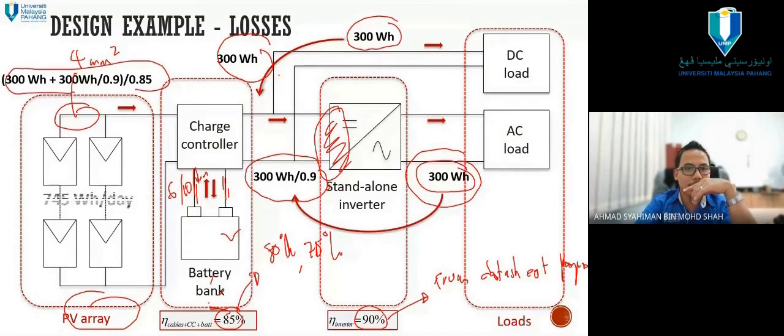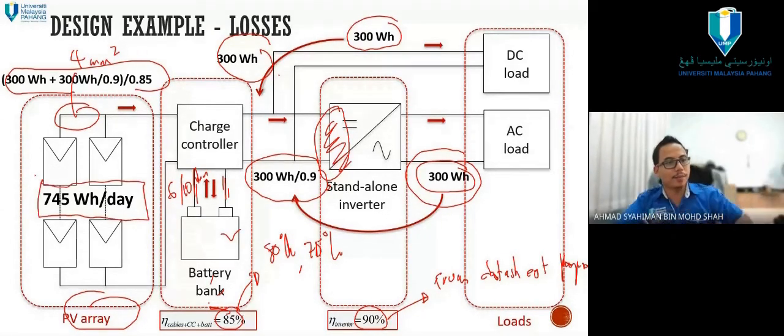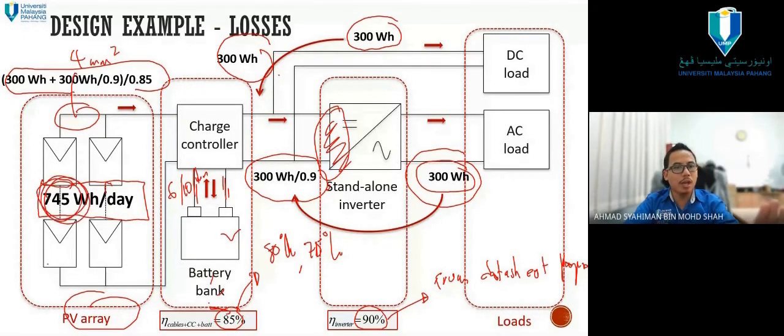After we calculate, we get 745 watt hour per day, since we agreed earlier on the load for one day. So actually, we need this. 600 watt hour is not enough.